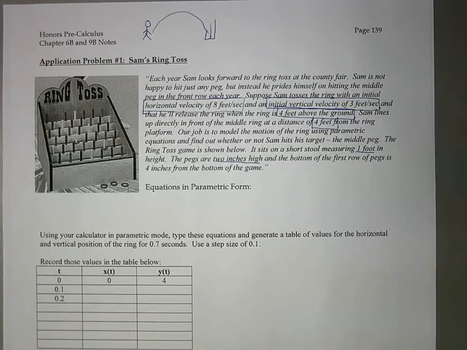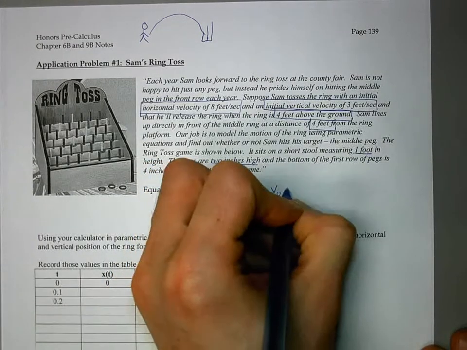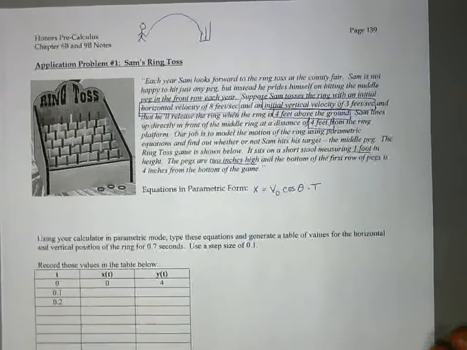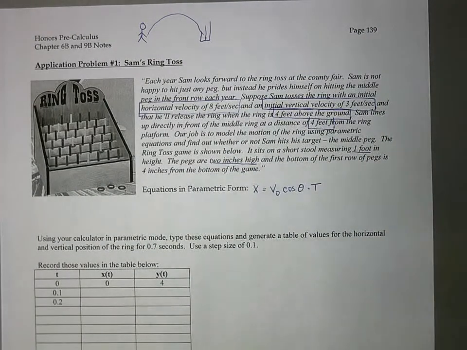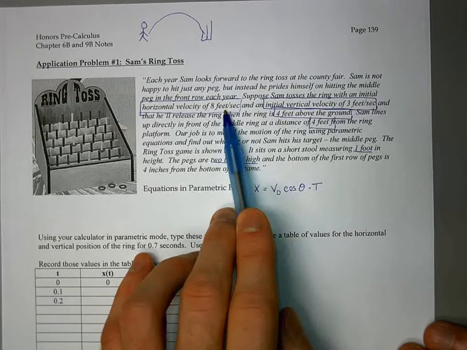So the first piece that we have is the vertical position and the horizontal position. So if we go back to our equations, x equals v sub 0 cosine of theta times t. That's going to give me the horizontal piece. Now it tells you right here the horizontal velocity of 8 feet per second.